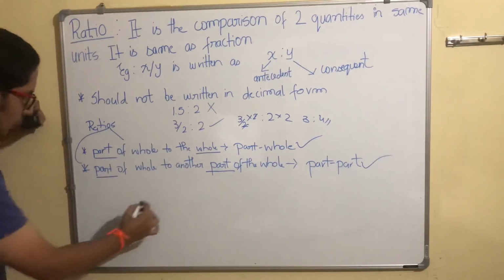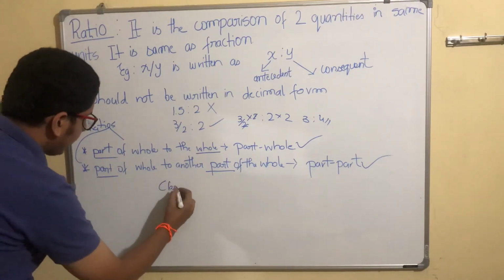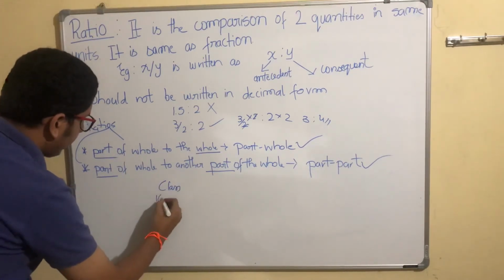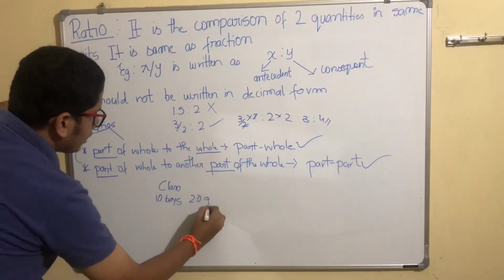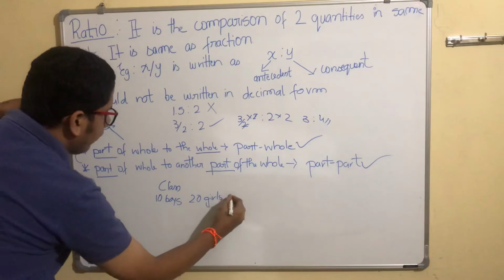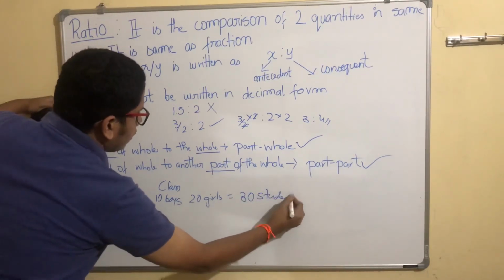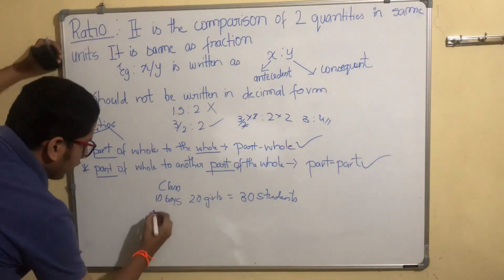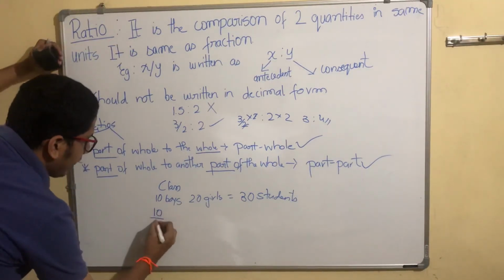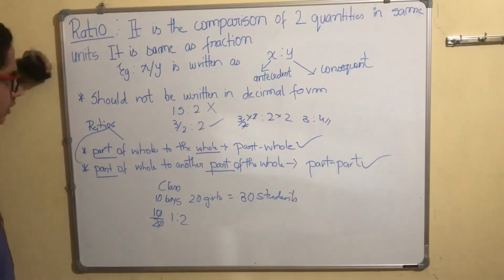Let's take an example. Let's say we have a class where we have 10 boys and 20 girls. So totally we have 30 students in the class. Now if I find the ratio of boys to girls, it is 10 by 20, the zeros cancel, 1:2.